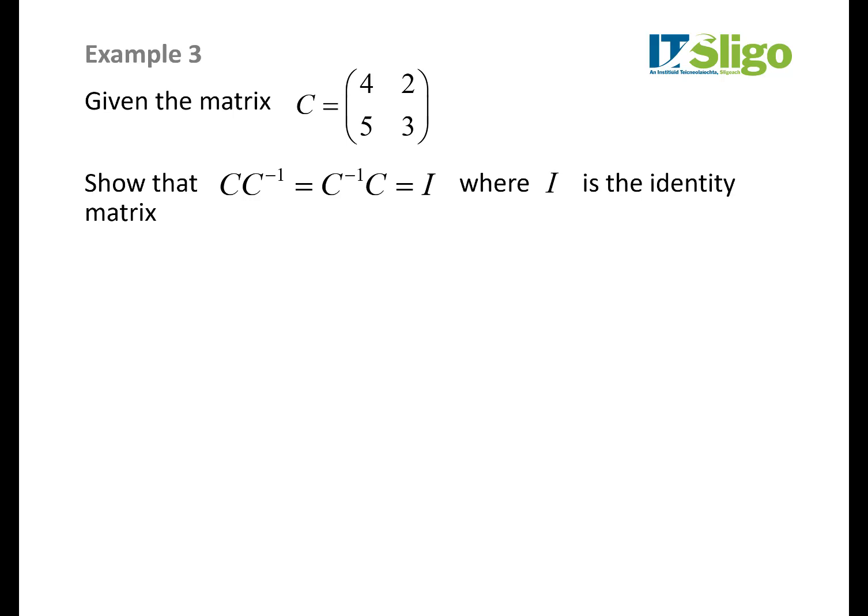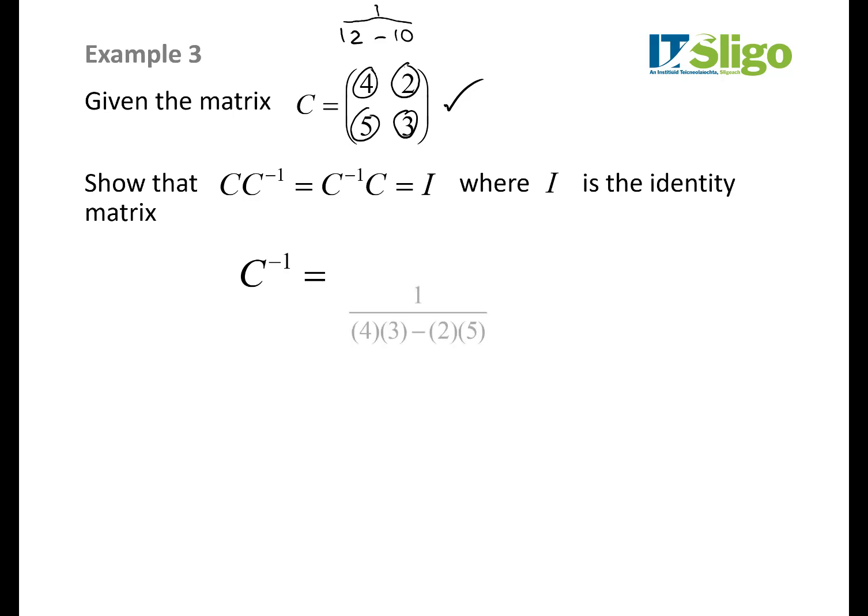Show that C post-multiplied by its inverse, and pre-multiplied by its inverse, both give us the identity. First thing we're going to do is find the inverse of C. So my determinant, 4 by 3 minus 2 by 5. So that's 12 minus 10.